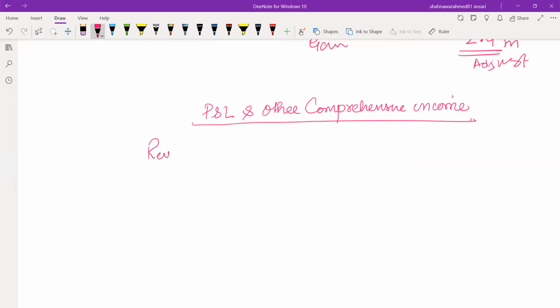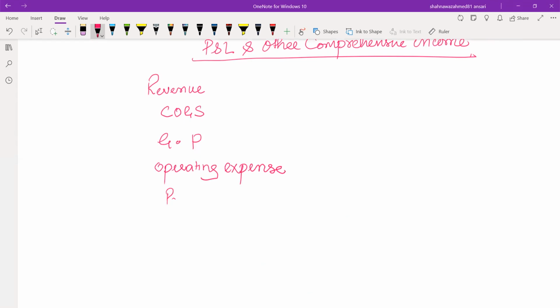So we have revenue, cost of goods sold, gross profit. Then operating expense, profit from operation, investment income. We have finance cost, PBT.